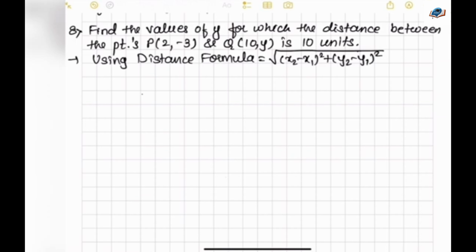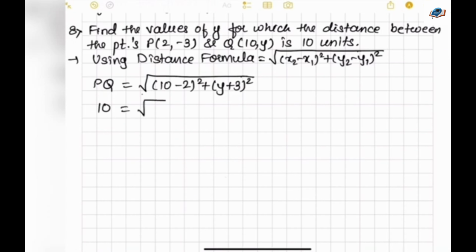Next question says find the values of y for which the distance between the points P (2, minus 3) and Q (10, y) is 10 units. So using distance formula, that is (x2 minus x1) whole square plus (y2 minus y1) whole square, I can say PQ will be equal to root of (10 minus 2) whole square plus (y minus of minus 3).